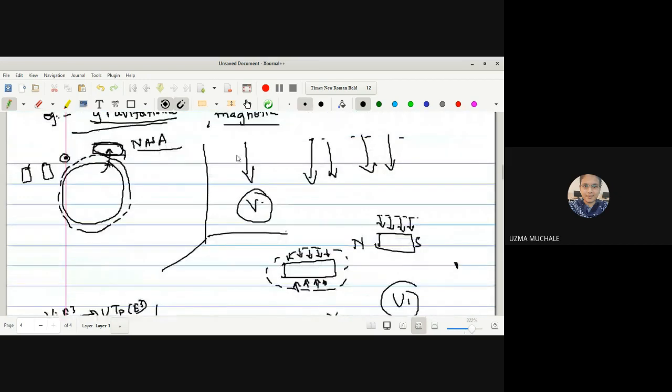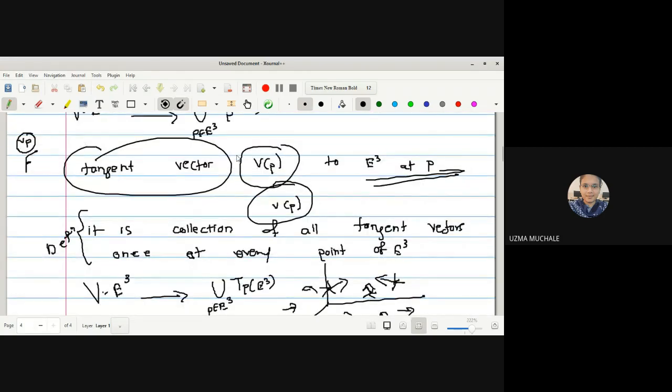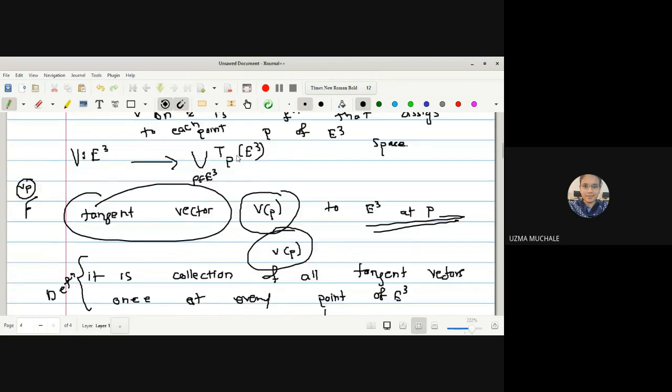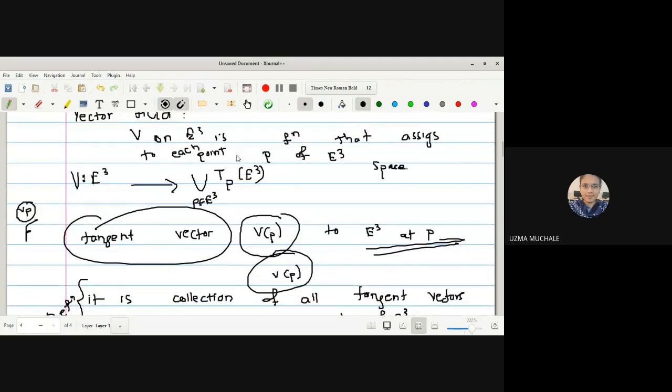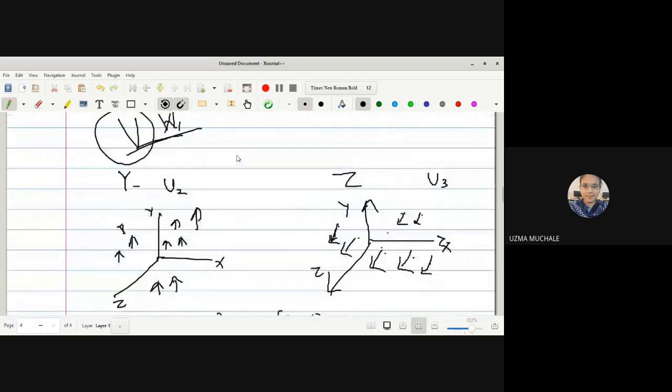Here the definition is given. What is the definition? It is a collection of all the tangent vectors, one at every point. So if you are provided that one vector field is there, you can use the definition of a vector field. Vector field V is a function on E3 such that it has one tangent vector at every point P of E3 space.